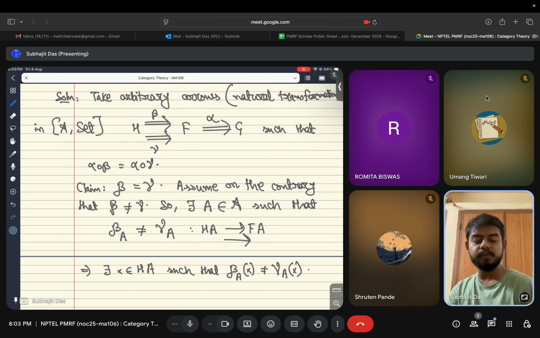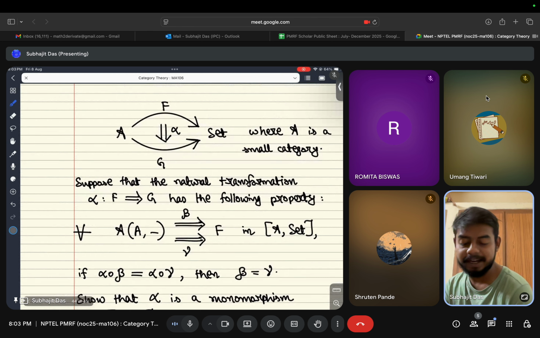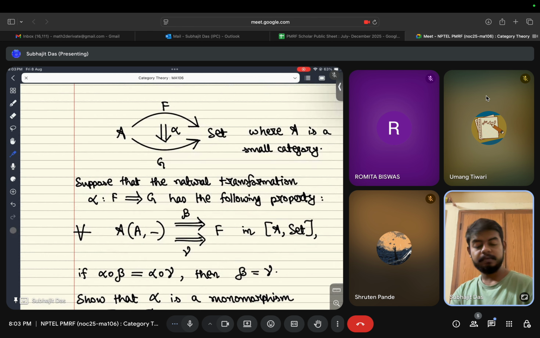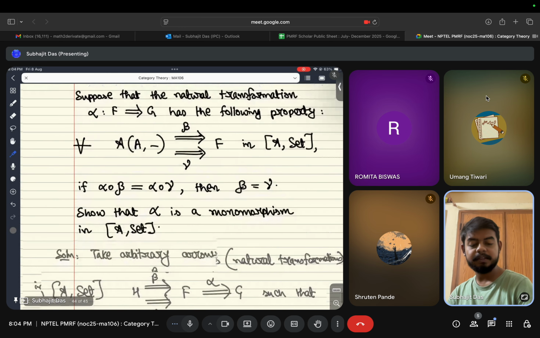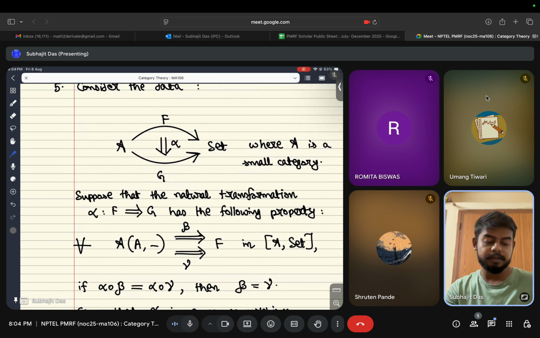Now what do we use to actually use this property?